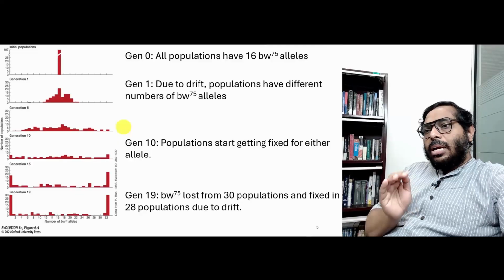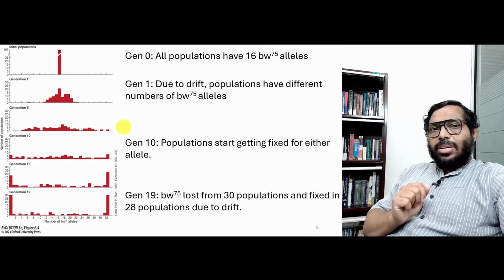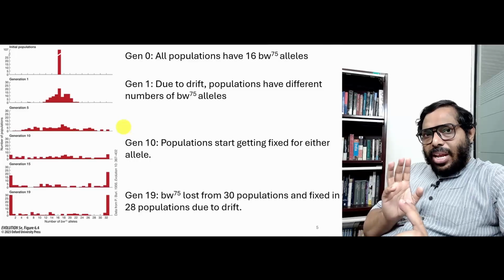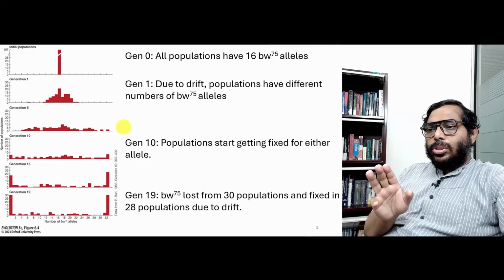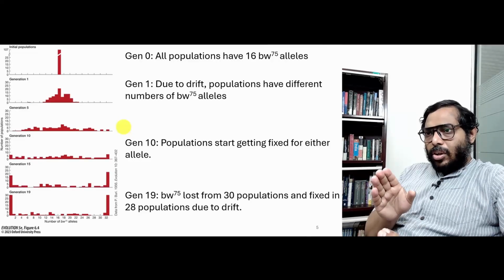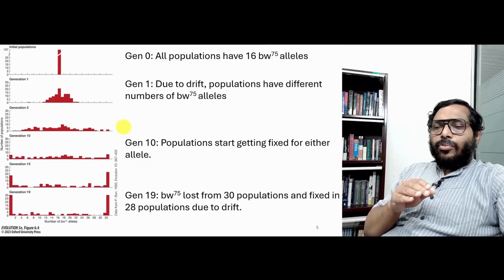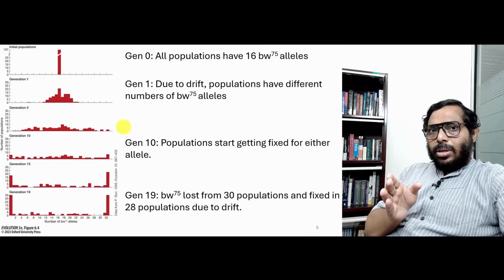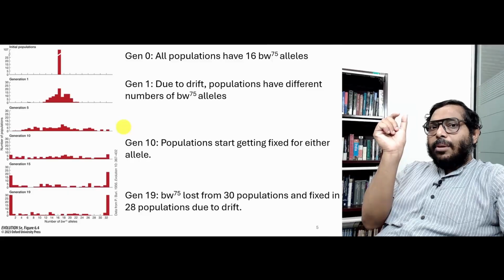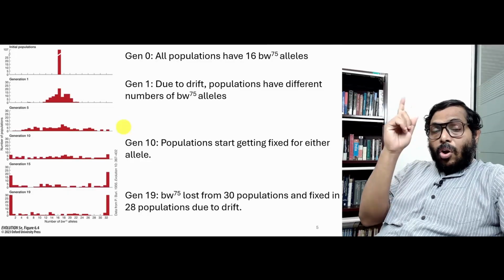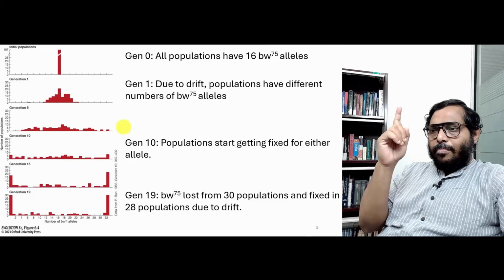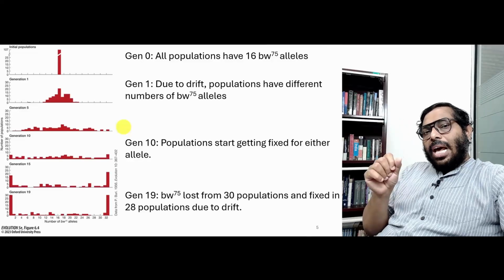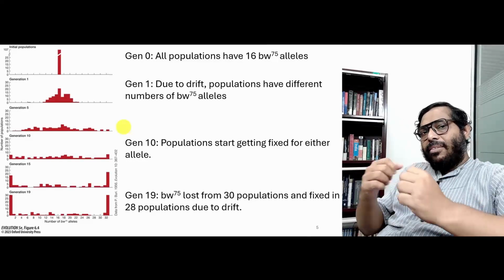The reason that this particular experiment is so famous is because it very nicely shows you the two major properties of drift that we saw from numerical simulations. One is that due to drift alone, if you start with replicate populations all of which have the same genetic makeup, over time these populations can diverge from each other.